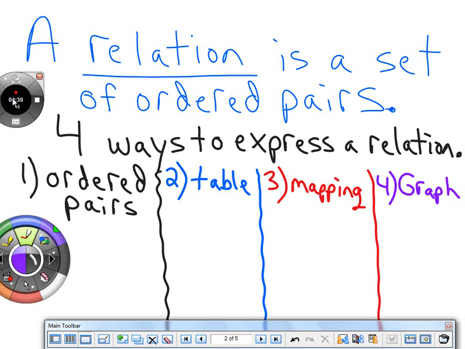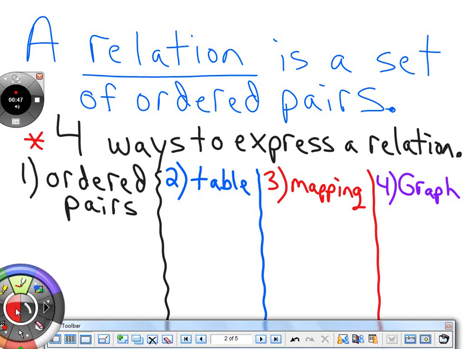It's really important in this section that there are 4 ways that you can express a relation, which is a set of ordered pairs. Here's one way, ordered pairs.